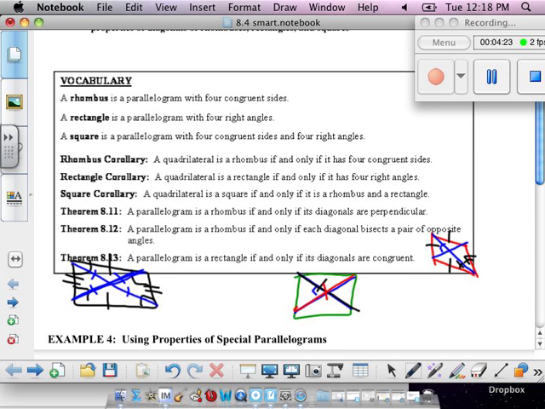Next, ladies and gentlemen, I've got my rhombus corollary, which you have to draw what it says up there, and I'm going to give it to Shane. Okay, you're going to draw the picture. All right, rectangle corollary.